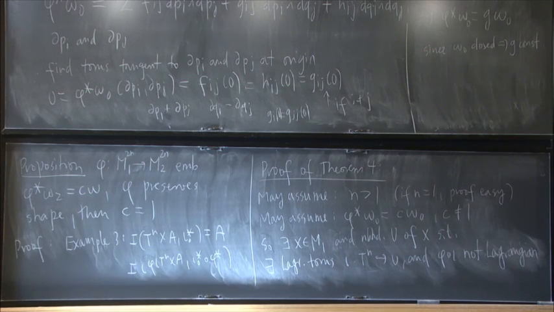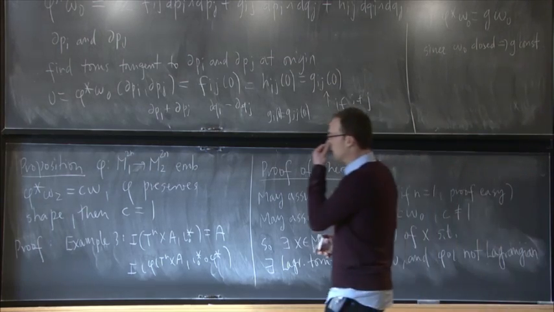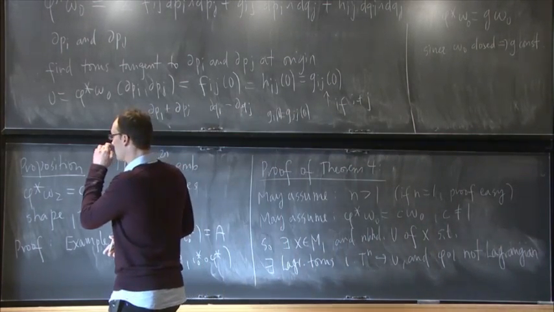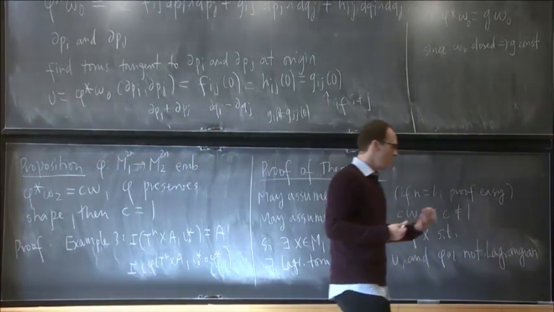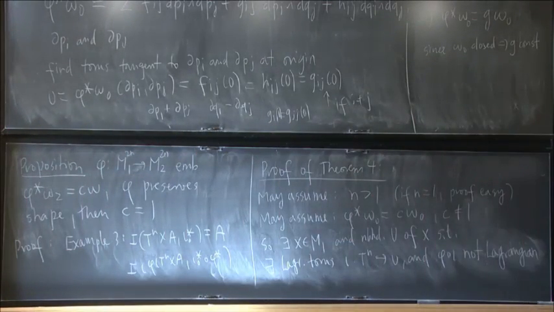Because, well, if it's not conformally symplectic, then there must be a Lagrangian submanifold that's not preserved. I don't know if I erased that already. Write this lemma over here. So if I assume that the embedding is neither symplectic nor conformally symplectic, then there must be some Lagrangian torus that's not preserved. So the image of it is not Lagrangian.